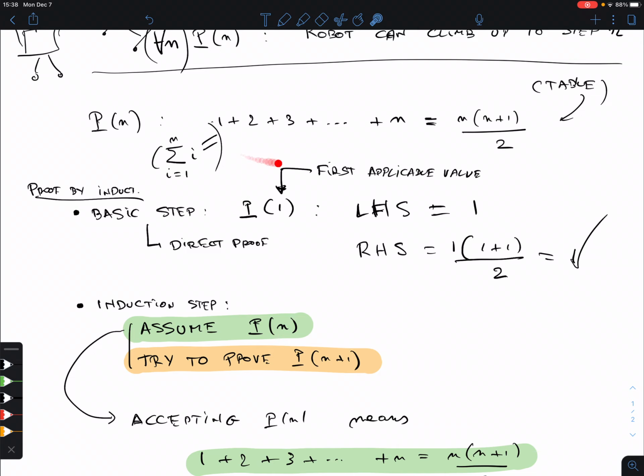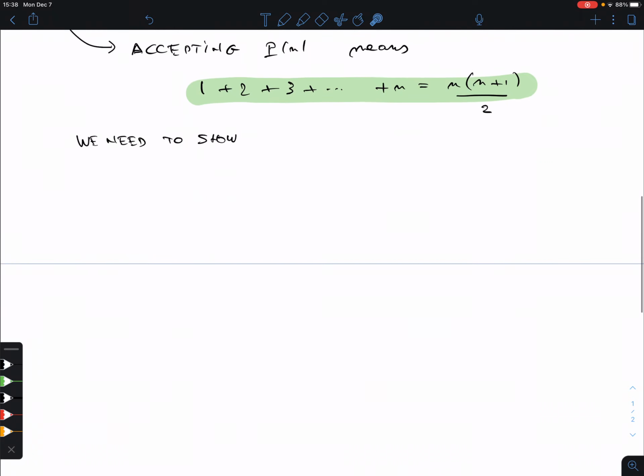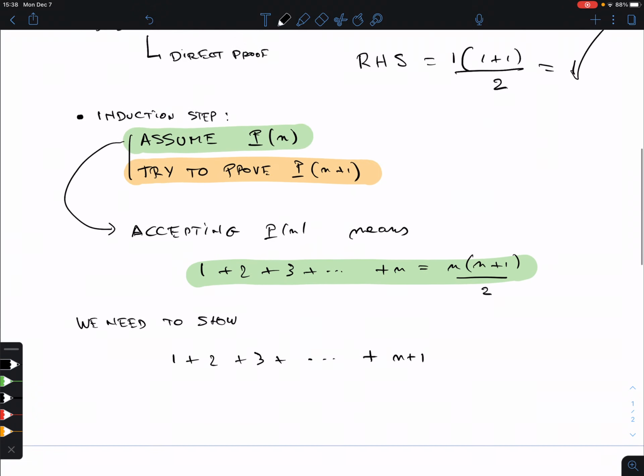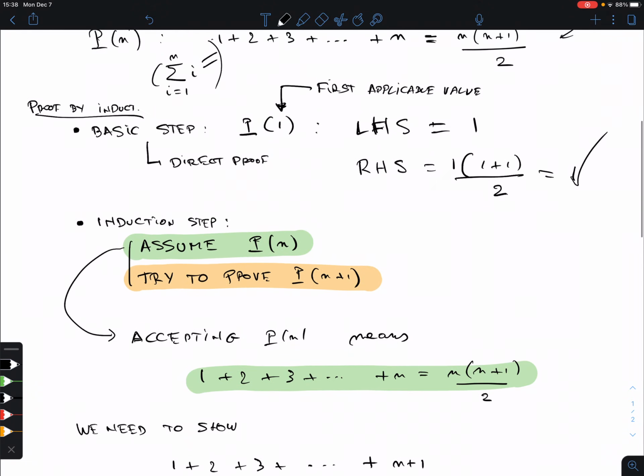So let's look at where there is an n. There's an n here, there's an n there, there's an n there. So let's write down what we need to show. You have to show that 1 plus 2 plus 3 plus ... plus n plus 1, right? That first n I am replacing now.